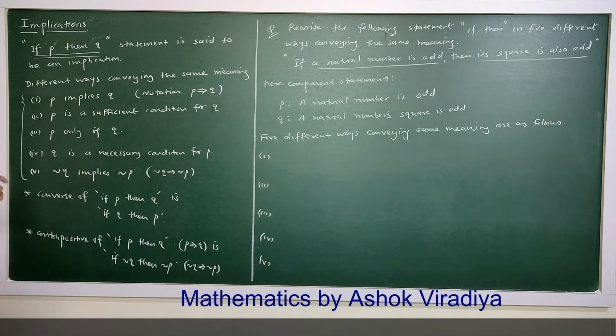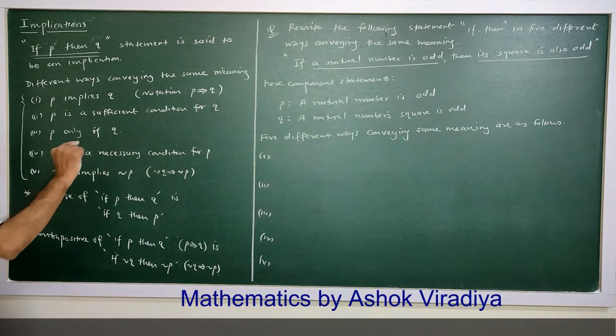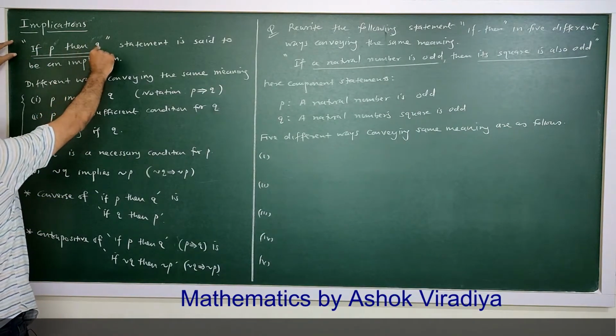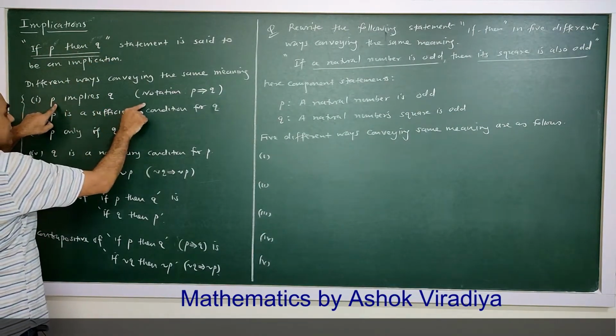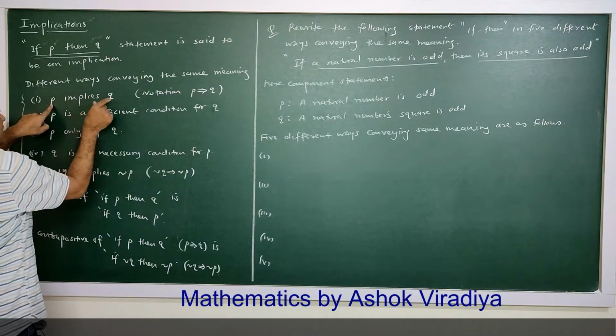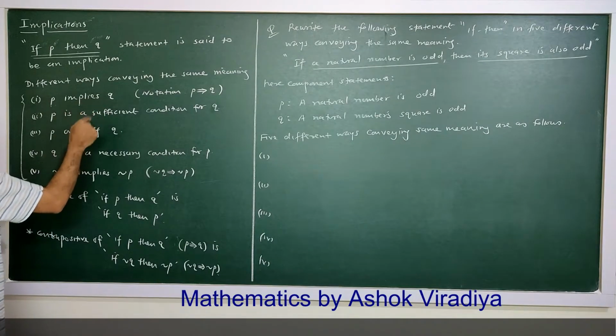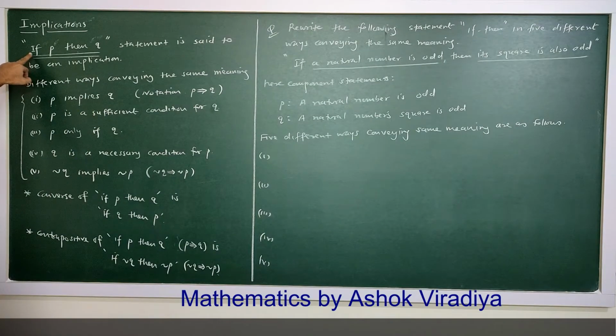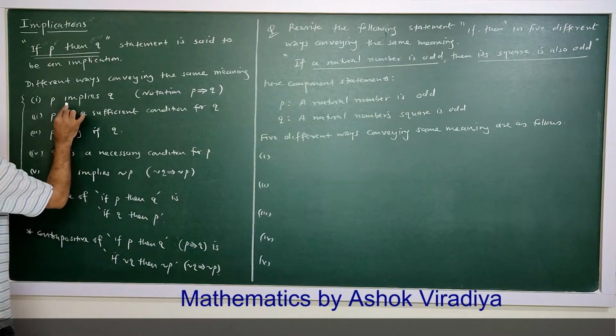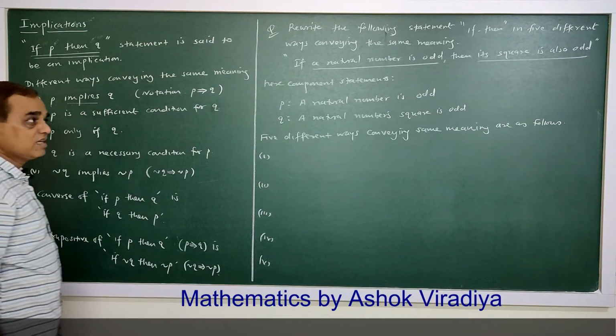See, the first way to speak this statement in a different way is P implies Q. We do not repeat the words if then. Instead of if then, we use implies.